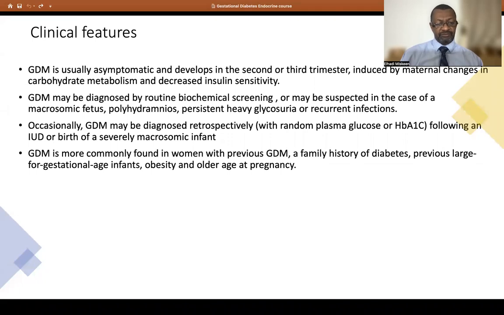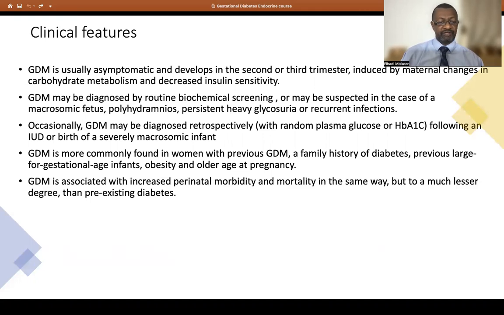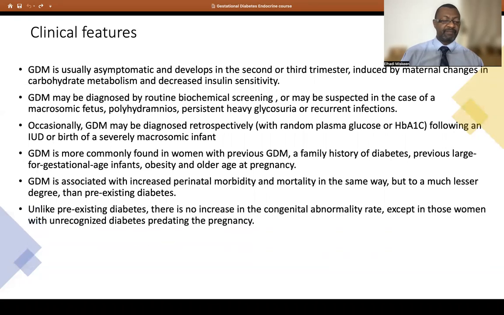GDM is more commonly found in a woman with previous GDM, family history of diabetes, previous large-for-gestational-age infant, obesity, and older age pregnancy. GDM is associated with increased perinatal morbidity and mortality in the same way, but to a much lesser degree than pre-existing diabetes.